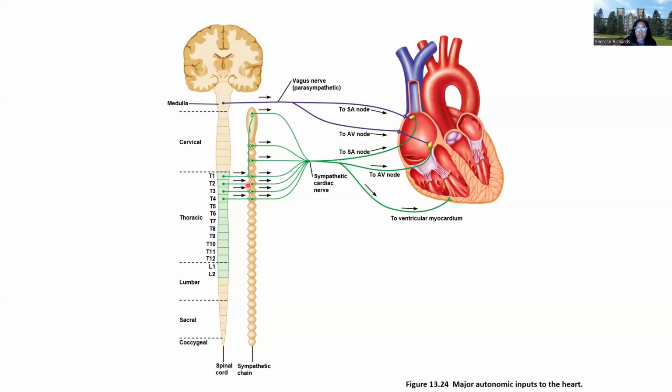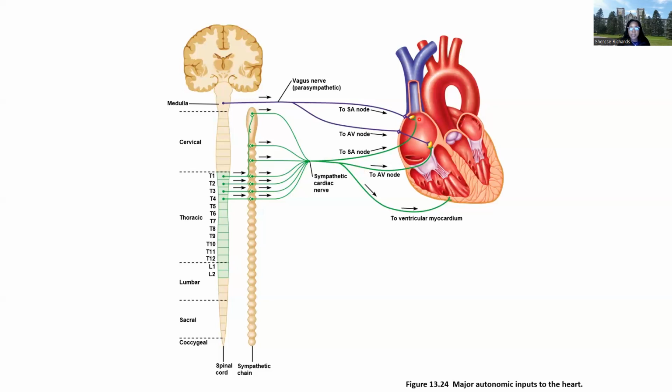The sympathetic influence, on the other hand, which is coming from our thoracolumbar spinal cord, synapses briefly on the sympathetic chain, right? This anatomy we've talked about before, and then the postganglionic fibers of those neurons synapse onto the heart.